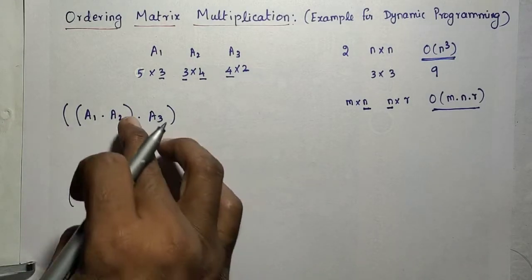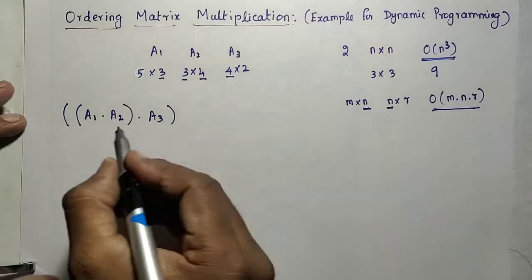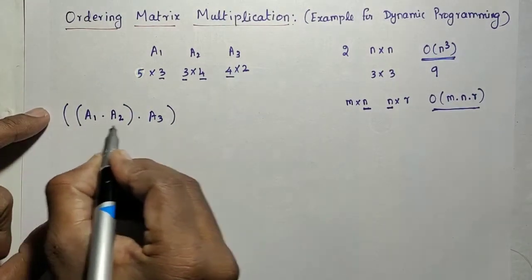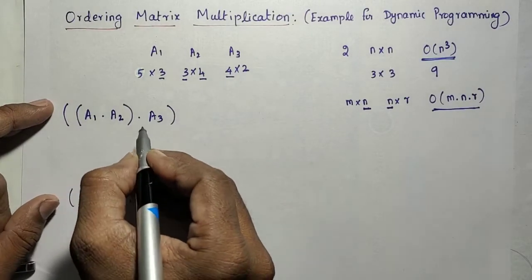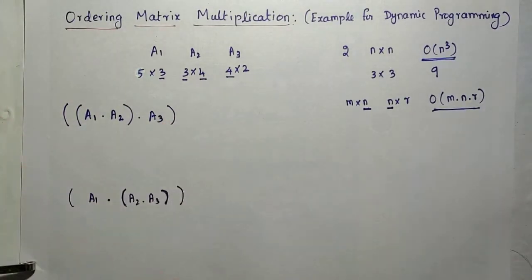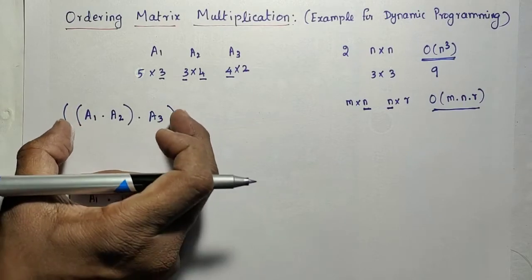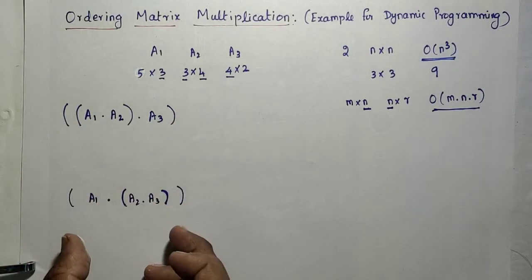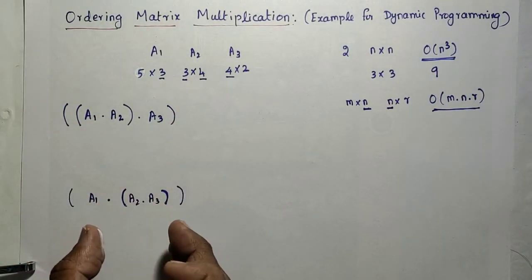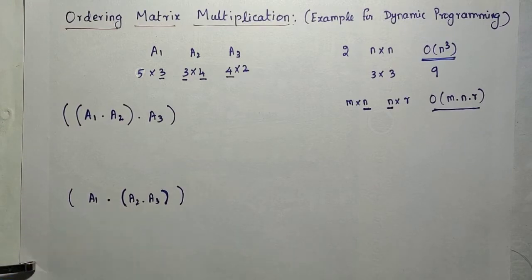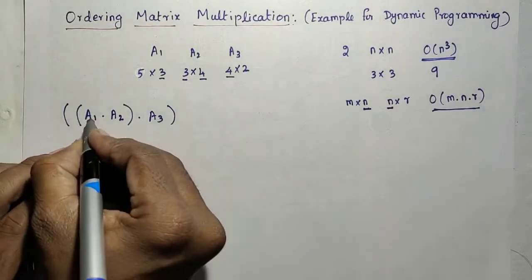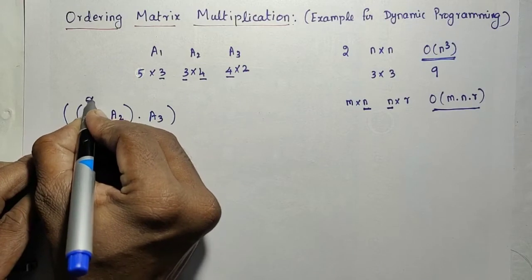Suppose you are following this order. Just calculate how many multiplications are needed, that is, what the complexity of this matrix multiplication is if you do it in this order. The A1 size is 5 by 3, correct?